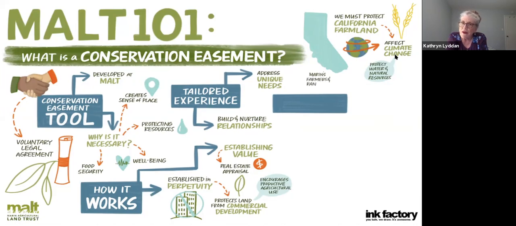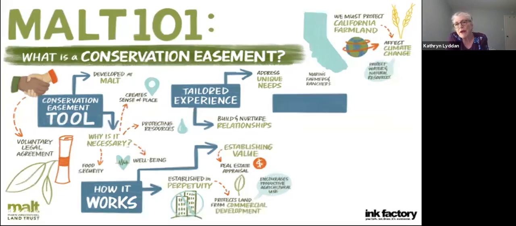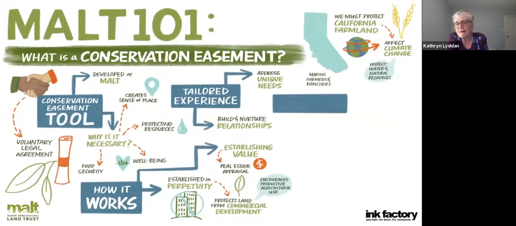We work with lots of other professionals, so appraisers, attorneys, and rangeland consultants that help us create agricultural management plans to protect our creek areas, and also carbon farming plans.